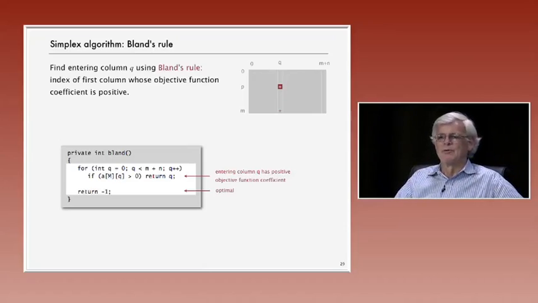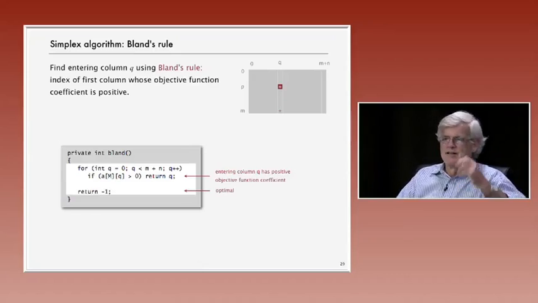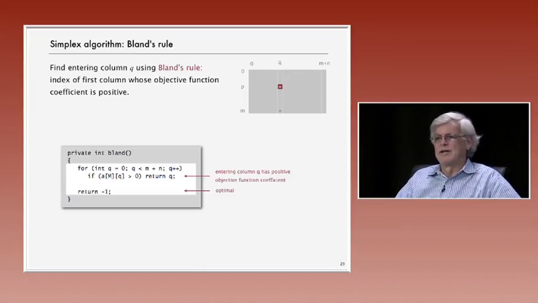So we use Bland's rule to just go through and look at the last row, which is the objective function, and look for positive. If it finds positive, it returns that column, and that's what we're going to use. So it's the first one that's positive. There are a lot of them positive, it always returns the first one. And if it can't find one, then it's optimal, we can stop.